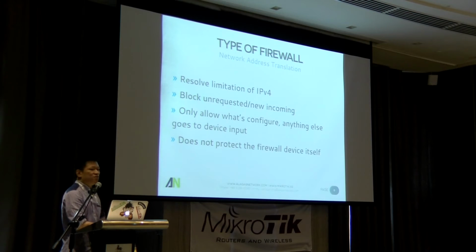If there's a rule that matches this incoming connection, it will do an action. Otherwise, it's the same as having no firewall. That's why NAT doesn't protect your firewall. So you have NAT rules to translate so your users can go to the internet, but you must also have filter rules to protect the device itself.